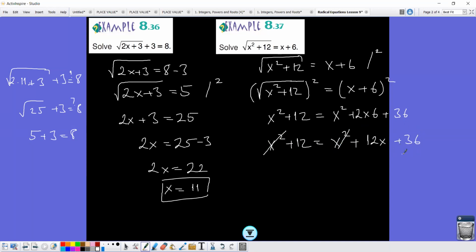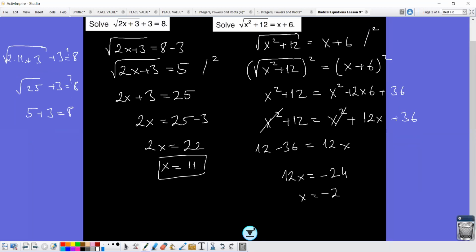I will take 36 to this side: 12 minus 36 is equal to 12x. So 12x is equal to minus 24, and x is equal to minus 2.